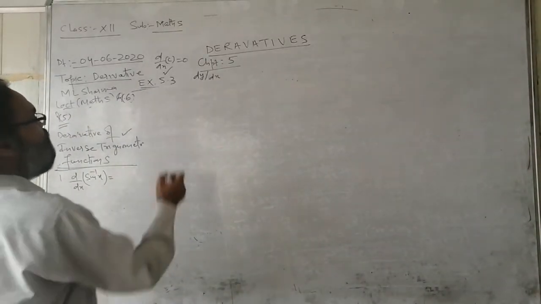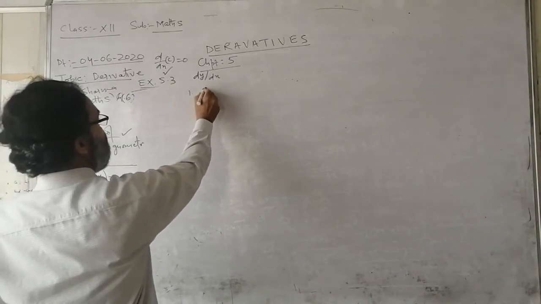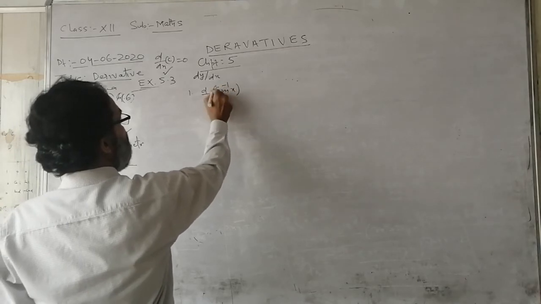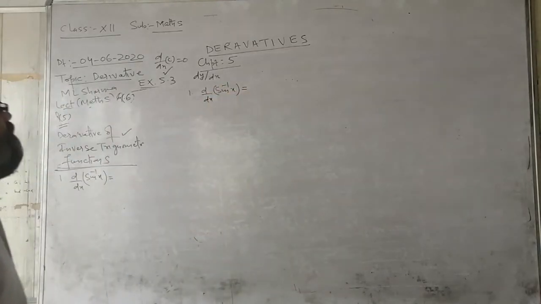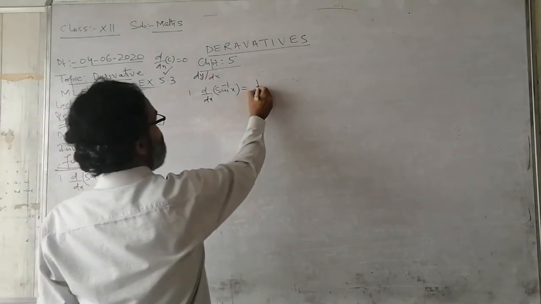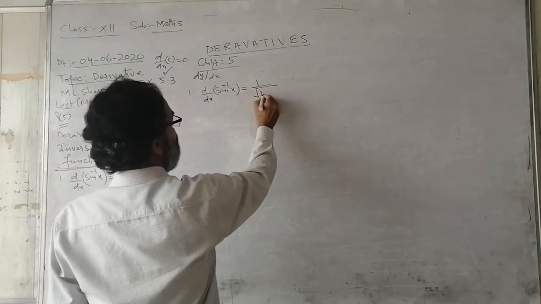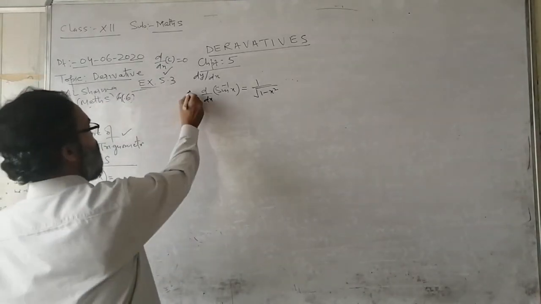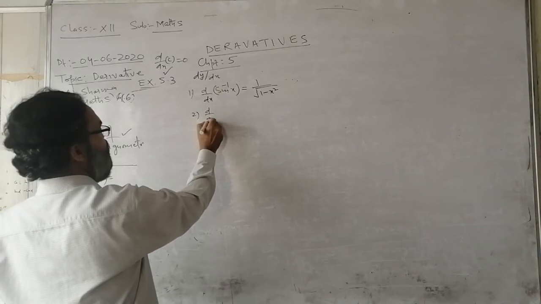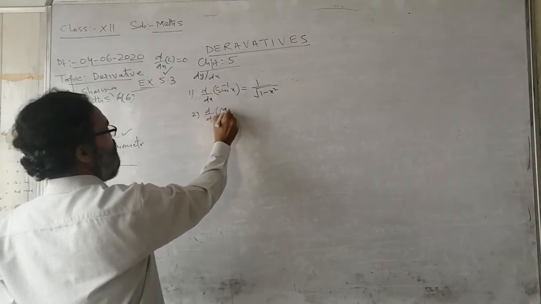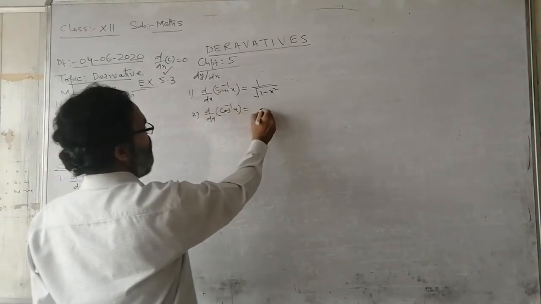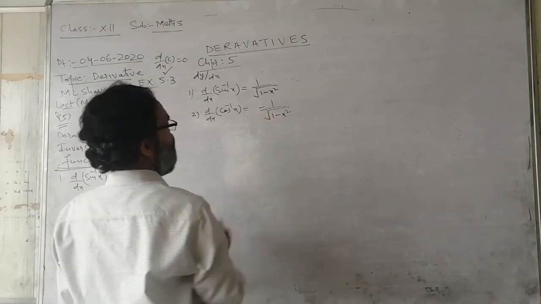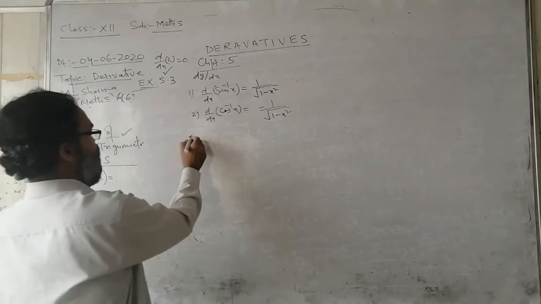So main formulas: sine inverse x, its derivative is 1 upon under root 1 minus x square. The first formula. The second formula, cos inverse x, this is minus times 1 upon under root 1 minus x square.